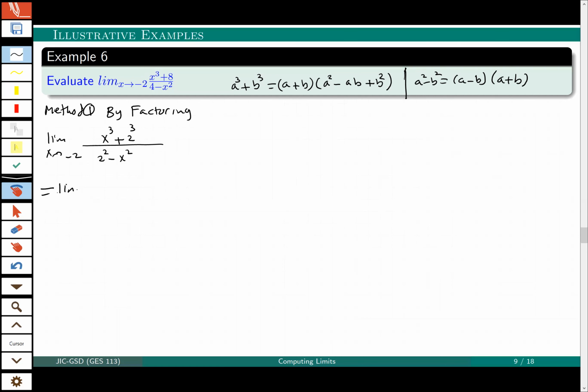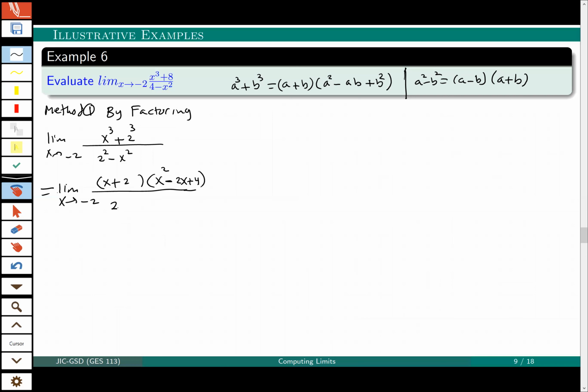So when I use factoring, the idea is just apply rules. First plus second, first squared minus the first times the second, which is 2 times x, or x times 2, plus second squared, which is 4.